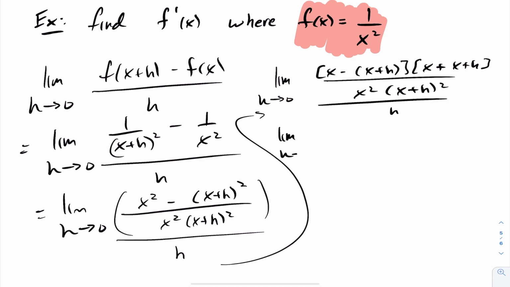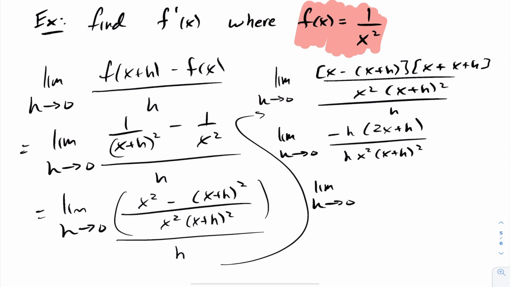And we take the limit as h goes to 0. You'll notice as I distribute this minus sign, the x's will cancel. I get negative h times 2x plus h over, again, the same idea, this is over 1. You multiply by the flip. That's going to just push that h to the denominator of the top. And we get this.